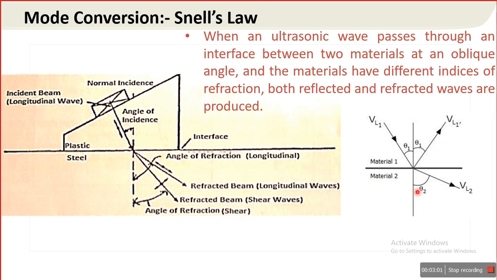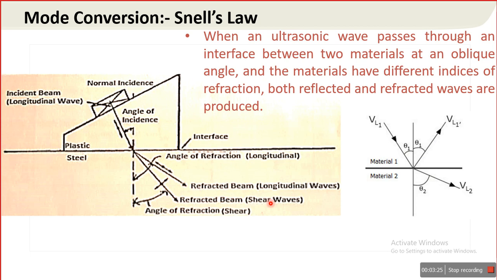In this diagram we see the first mode of conversion, and in this diagram we can see the second mode of conversion, that the longitudinal wave can be refracted into two types of wave in the second material. First, a refracted beam of longitudinal wave, and next, a refracted beam of shear wave.